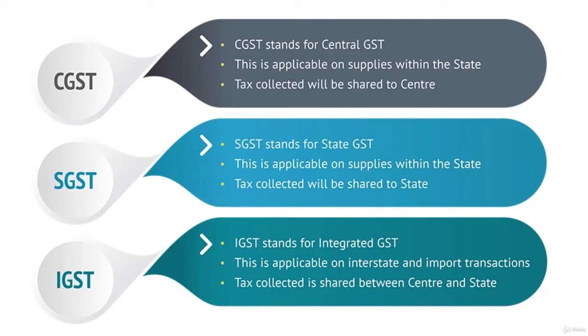SGST stands for state GST and is applicable on goods and services both, but this is deposited with the state government. And IGST is an accumulated amount of CGST and SGST. This is an integrated GST tax that is applicable on interstate and import transactions. The tax collected is shared in some percentage between center and state government as prescribed by the government.